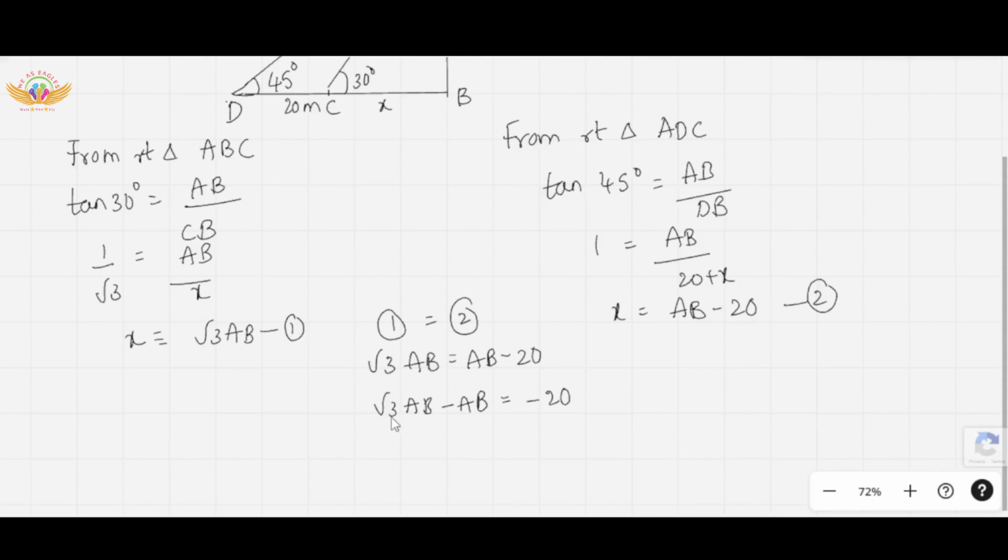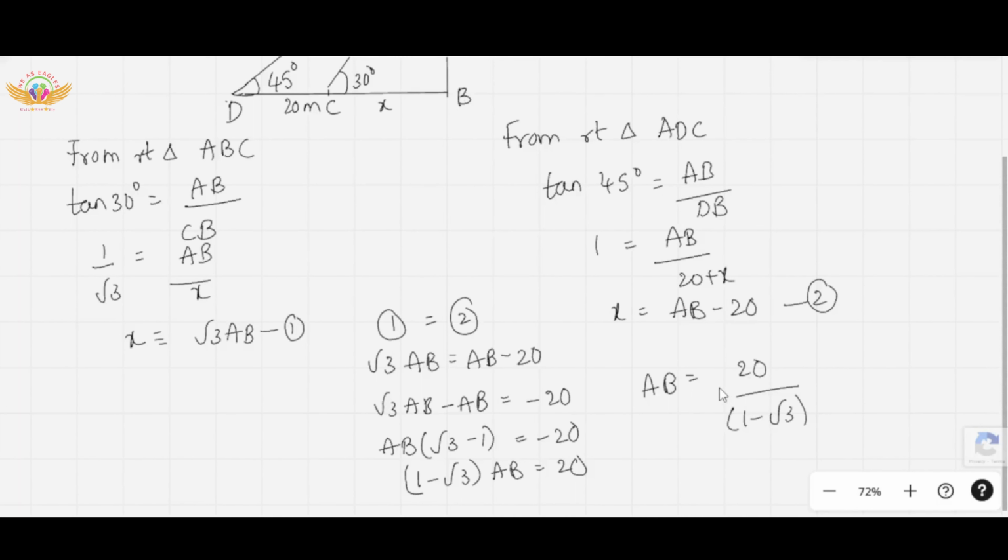Taking AB out, root 3 minus 1 times AB equals minus 20. Bringing this minus here, I am making it 1 minus root 3 times AB equals 20. So AB equals 20 divided by 1 minus root 3. Therefore, we got the height AB. The height of the tower is 20 by 1 minus root 3.